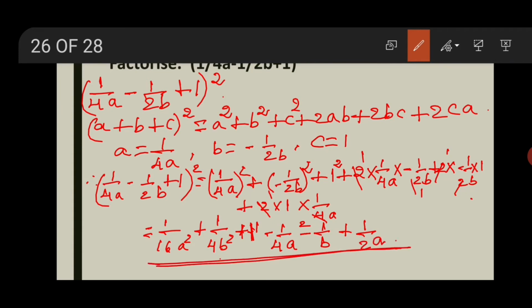Therefore, this is the final answer. 1 by 16a square plus 1 by 4b square plus 1 minus 1 by 4a minus 1 by b plus 1 by 2a. Right?